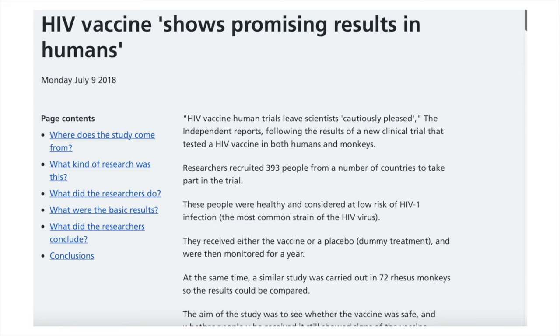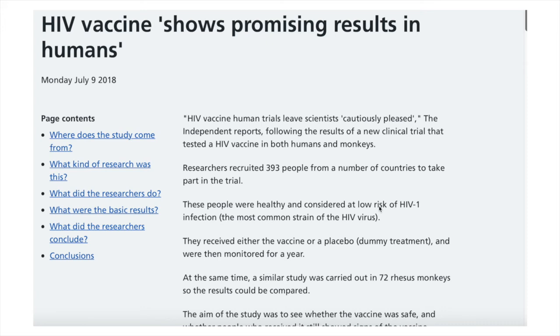Okay, and we've had a couple of vaccinations recently that have shown promise. So the HIV vaccine, when I was at school, your age at GCSE, we were taught as part of our GCSE that we would probably never have a vaccine for HIV because it was far too difficult. But now, a relatively short time later, 12 years, goodness me, that's a long time since I was at school, 12 years later, we pretty much have a vaccine.